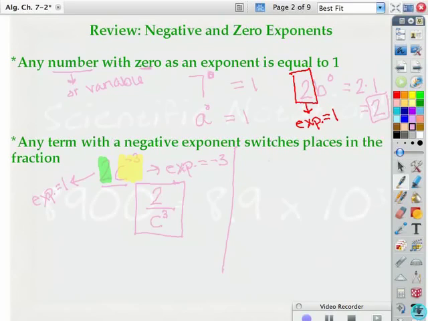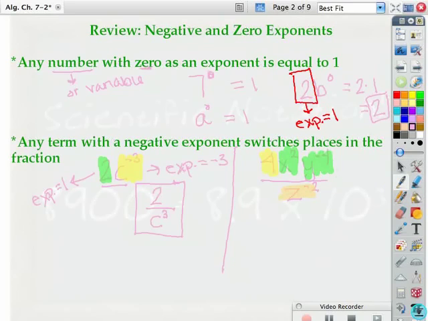Again, just another quick problem. If I had 4x squared y to the negative fourth over z to the negative second power, any negative exponent switches places. Remember to look at these individually. 4 is one term, x squared is another, y to the negative fourth is another one, and then we have z to the negative second.